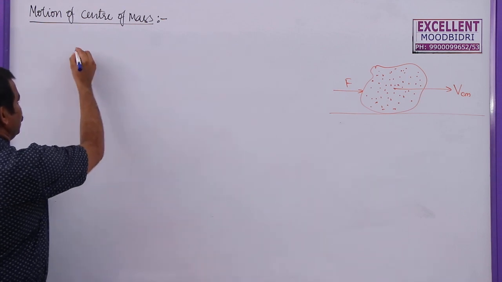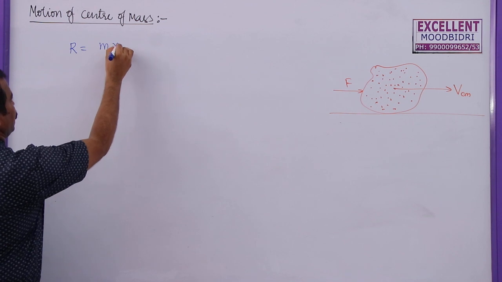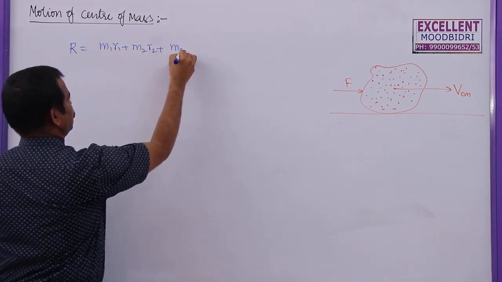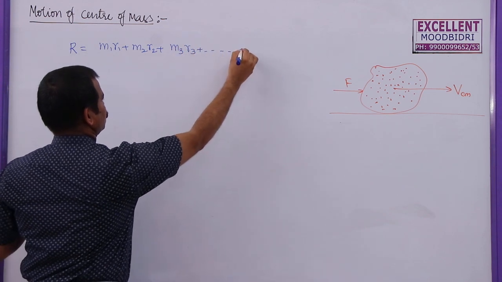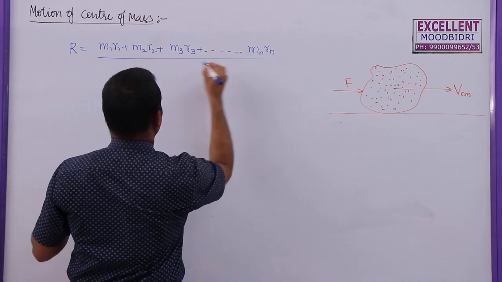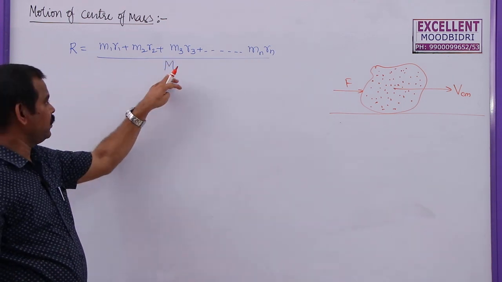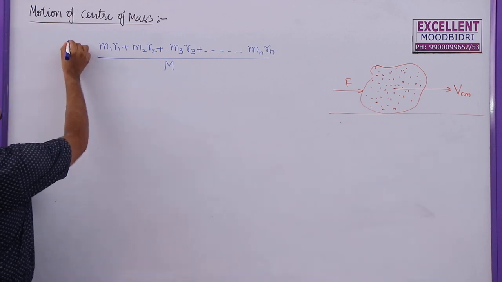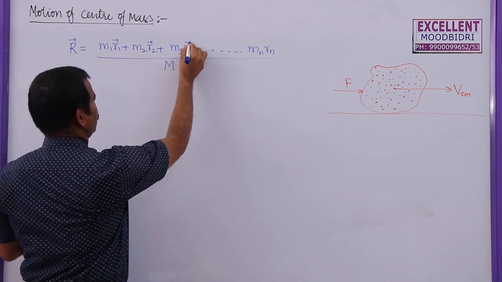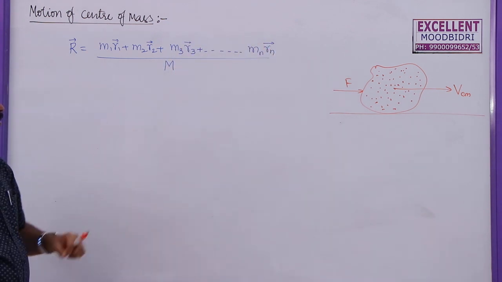We know that in terms of position vectors, we can write m1 r1 plus m2 r2 plus m3 r3 and so on, mn rn, by the total mass of this body, m1 plus m2 plus m3 and so on. As it is a vector, we write r1 bar, r2 bar, r3 bar, rn bar. These are all position vectors of different particles.